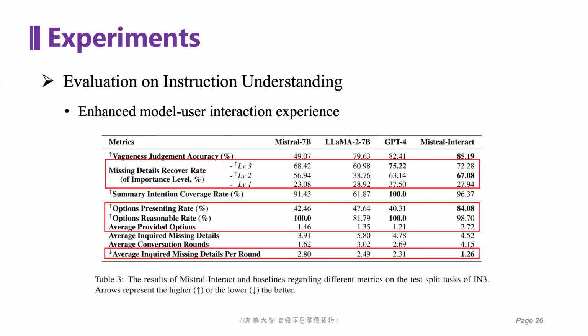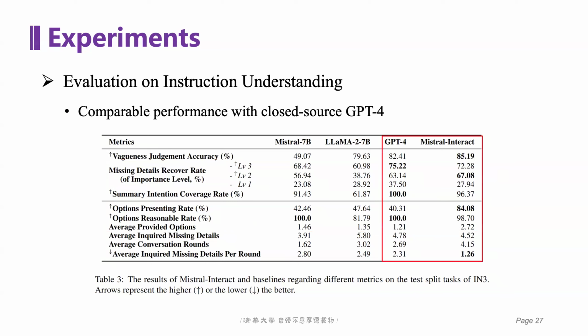So this won't bother the user or overload them cognitively. We actually designed it in a more user-friendly way, and this design comes through the training data we construct. We want the model to present some specific behaviors. And the final thing is our performance is comparable with the GPT-4 model.